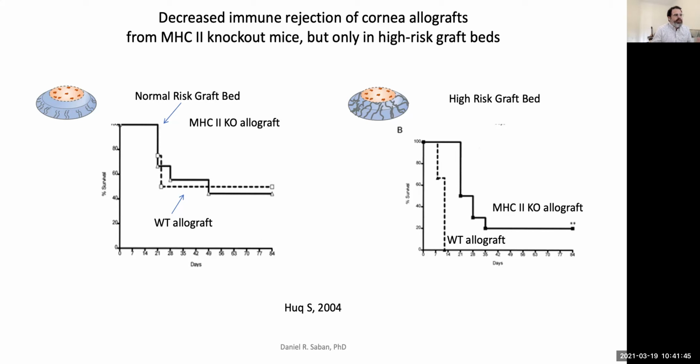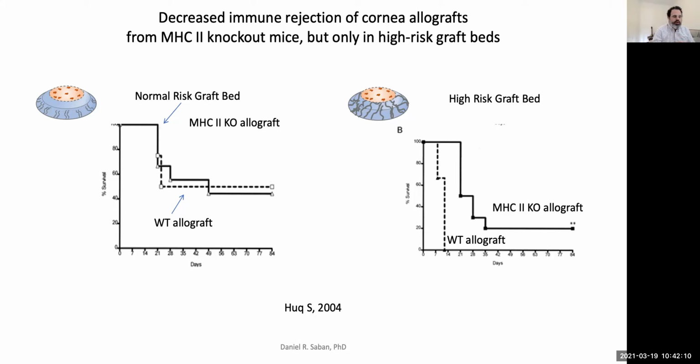When you do a transplantation, you're not only transplanting the tissue, but also the cells in that tissue. In the case of the cornea, like many other tissues, you have antigen presenting cells housed in the tissue, and those cells can travel to the lymph node and trigger a T cell response against the tissue.